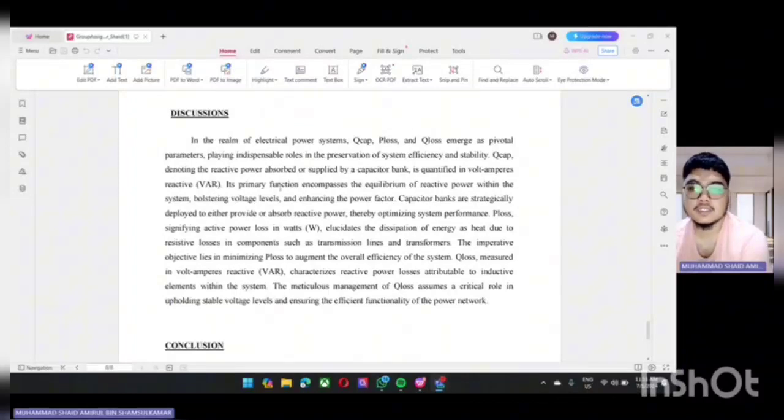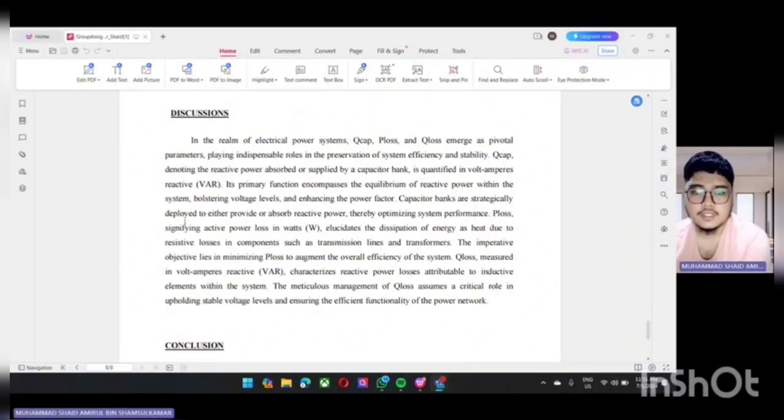Its primary function encompasses the equilibrium of the reactive power within the system while steering voltage levels and enhancing the power factor. Capacitor banks are strategically deployed to provide or absorb reactive power, thereby optimizing system performance.